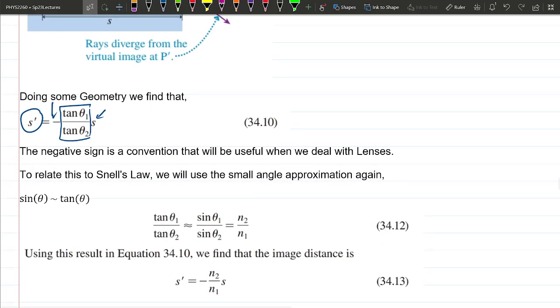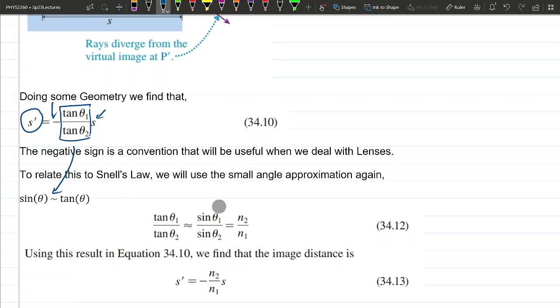So what we're going to do is start doing some approximation. Let's say for small angles, the tangent function and the sine function are approximately equal to each other. These are going to be similar to each other.